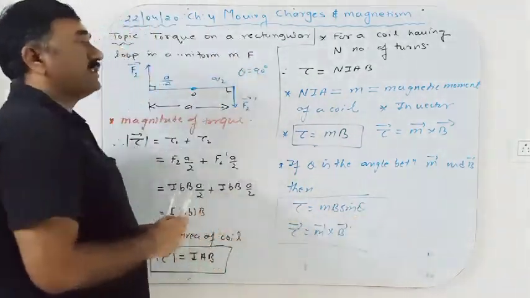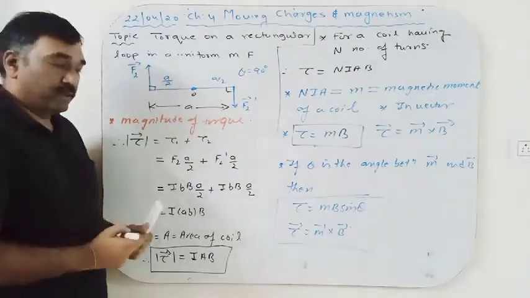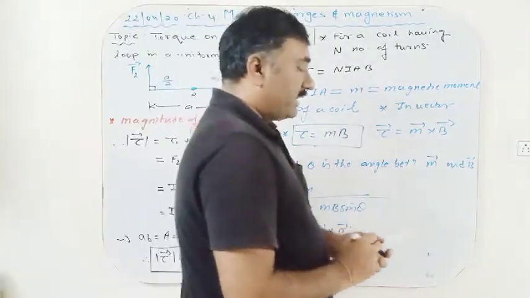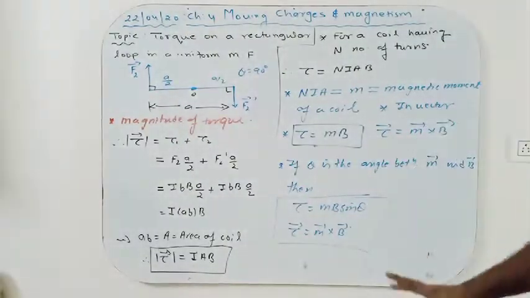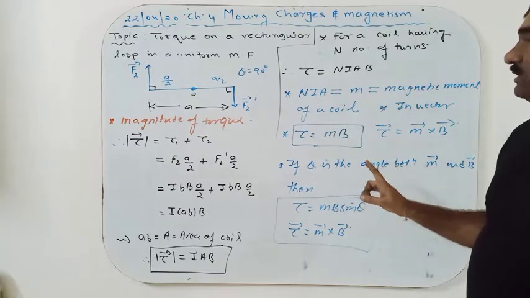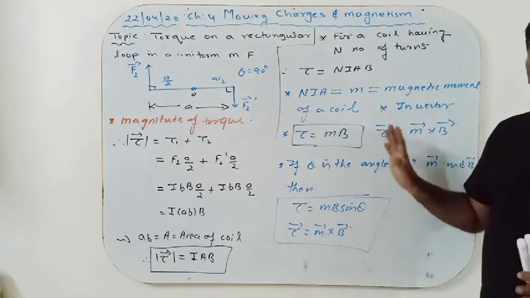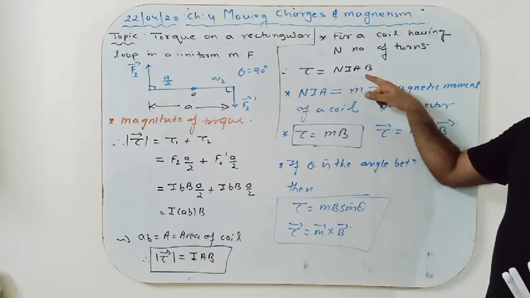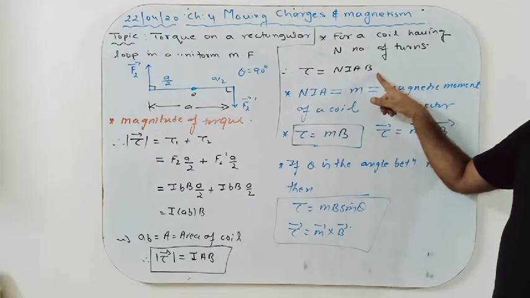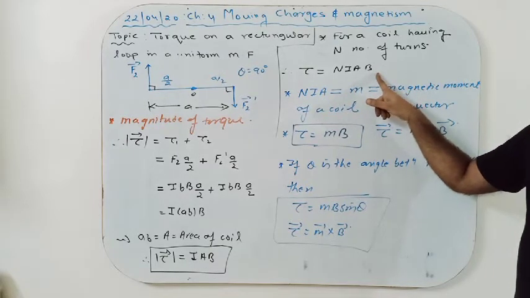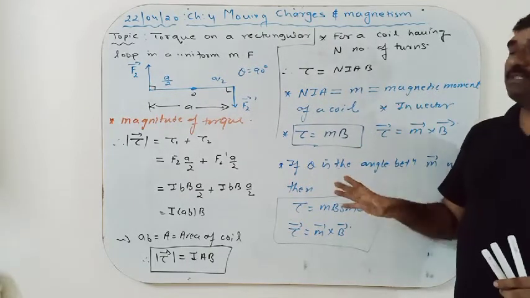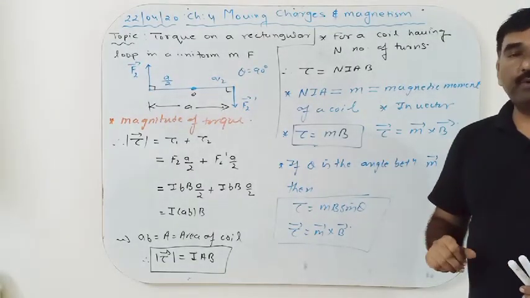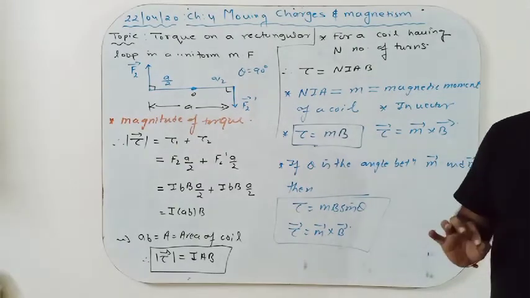So this is the expression for the torque acting on a rectangular coil when it is placed in a uniform magnetic field. When you take a rectangular coil in a uniform magnetic field, it experiences torque, and the formula is tau equal to NIAB, and when there is an angle, NIAB sin theta. In this topic we have covered the torque acting on the rectangular coil. I hope you can understand this. If you have any doubt, then call me. Have a good day.